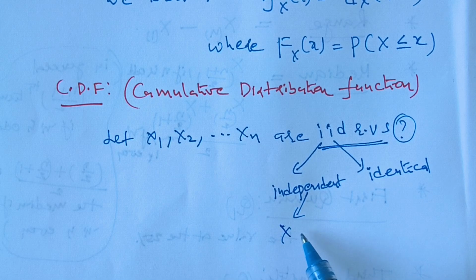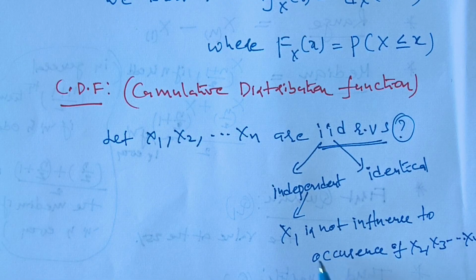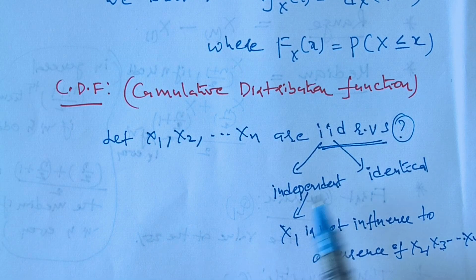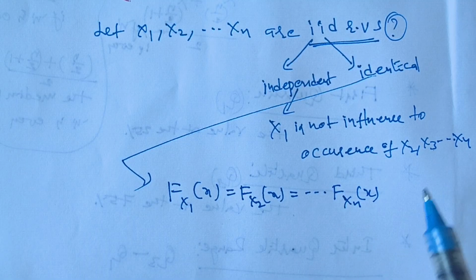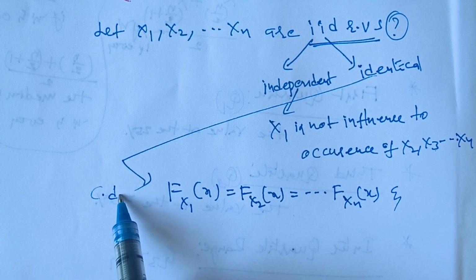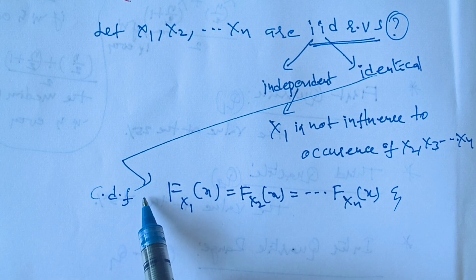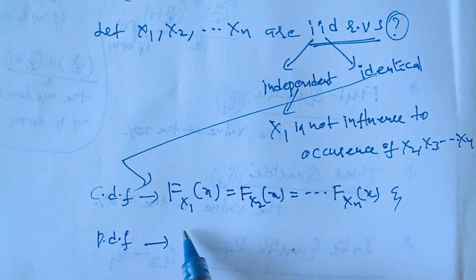Here independent means, given random variables X1, X2 and so on Xn, the occurrence of X1 is not influenced by the occurrence of X2, X3 and so on Xn, and likewise for X2, X3 and so on Xn also. Identical means the CDF and PDF of the given random variables are the same.